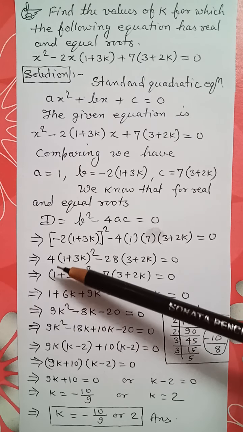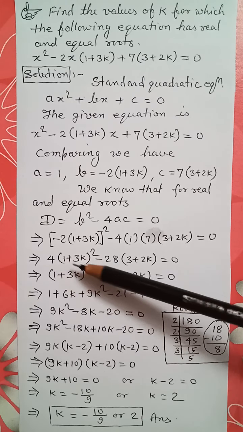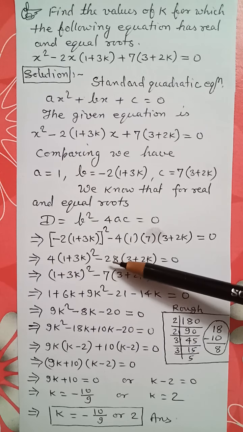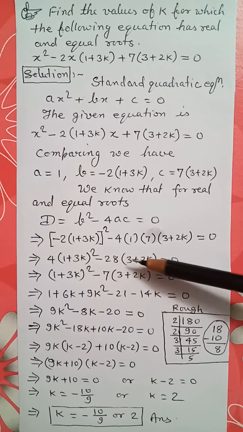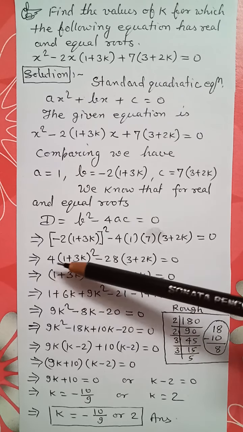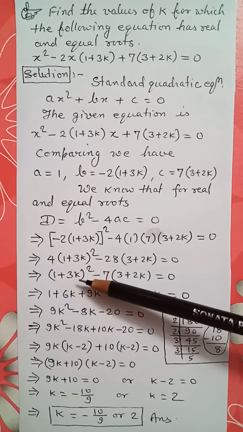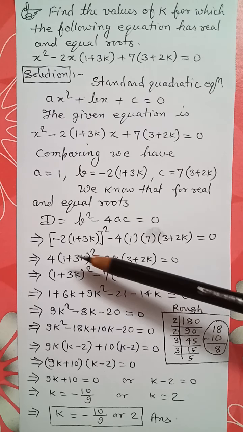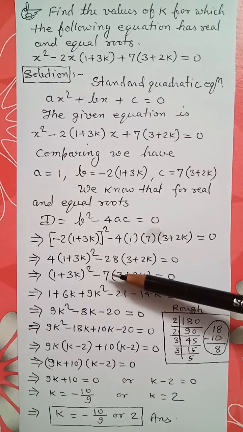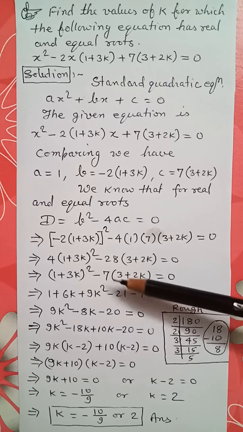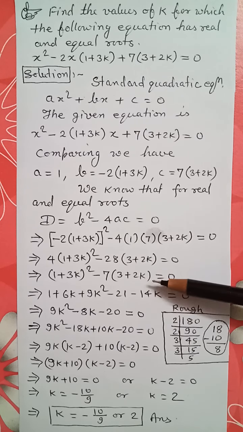Now we see that 4 is a factor in the first term and 4 is also a factor in this term. So dividing this equation by 4, we have (1 plus 3k) square minus 7 times (3 plus 2k) is equal to 0.